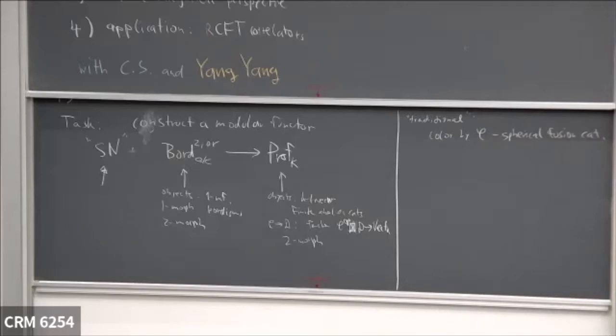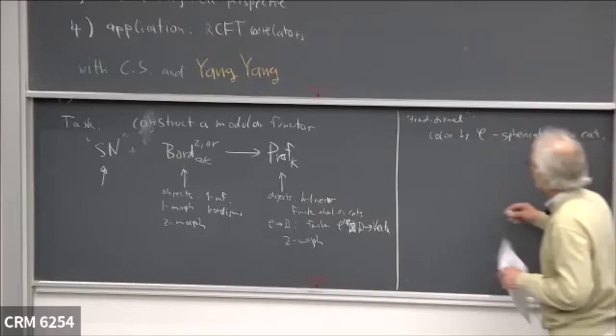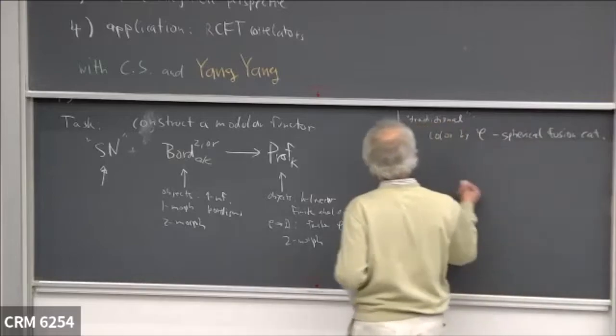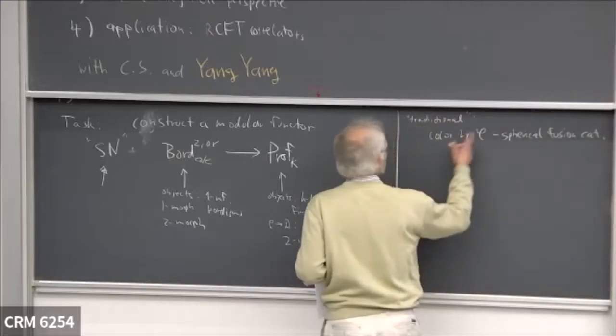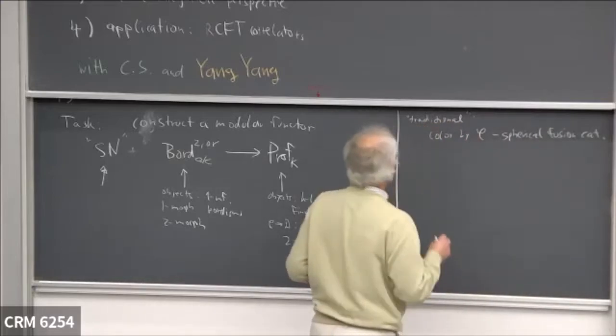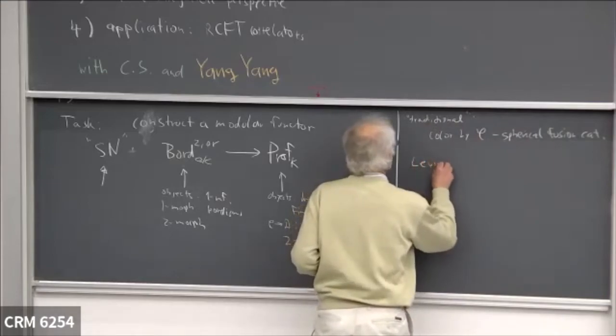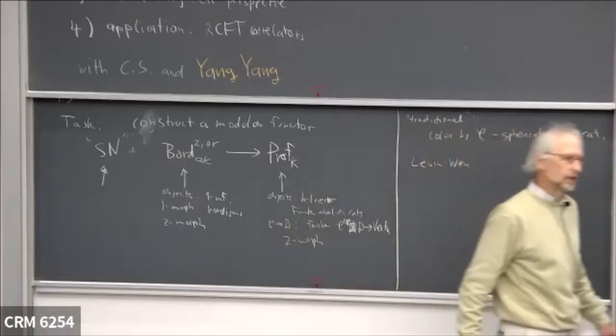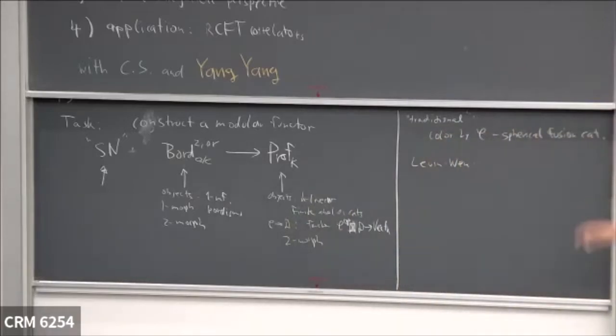Originally, string nets were introduced in a paper by Levin and Wen, I think 2005, in the context of lattice models with a certain type of Hamiltonian.